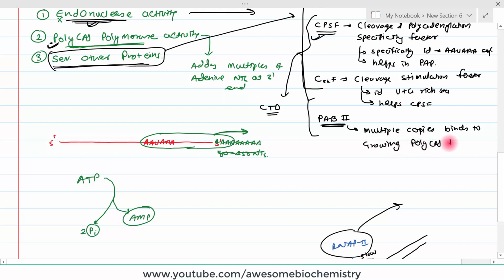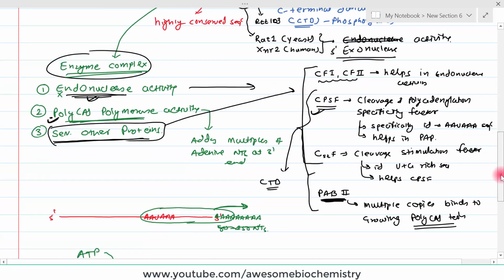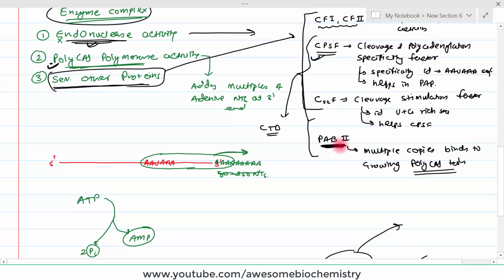While the poly A tail is still growing, at that time PAB2 protein binds, but once poly A tail formation is complete, after that PABP, that is poly A binding proteins, will bind. Okay. So here a very important difference is there. PAB2 and PABP are not the same. That I want to say.